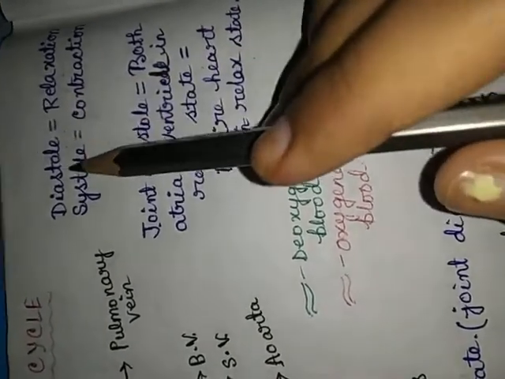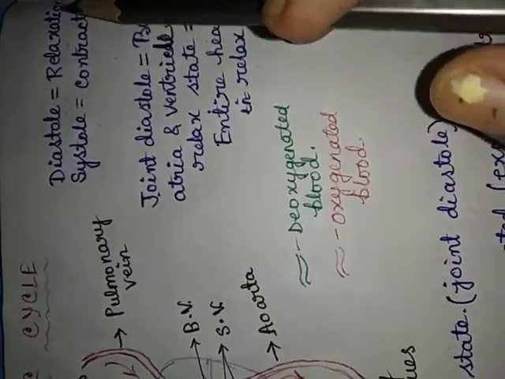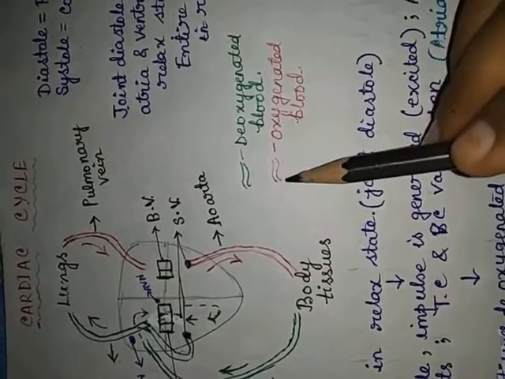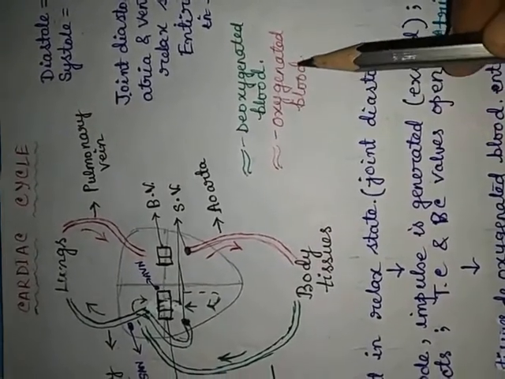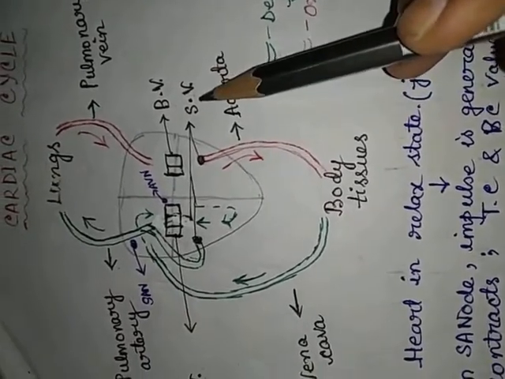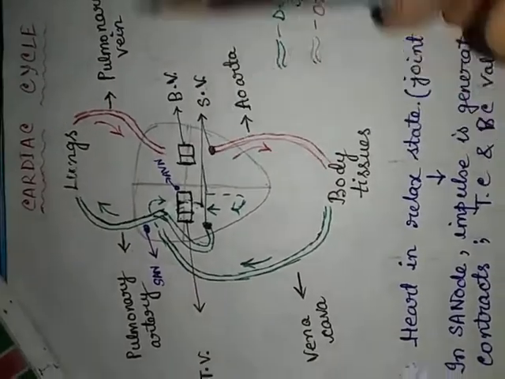With the green color I try to show the deoxygenated blood, while the red color means the oxygenated blood. TV means tricuspid valve, BV means bicuspid valve, SV means semilunar valve, and SN means SA node and AV node.